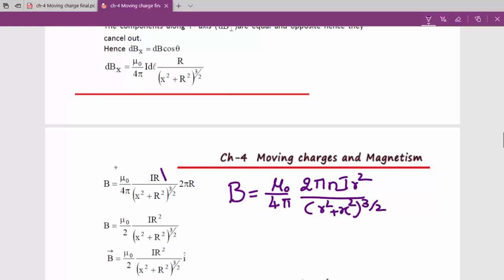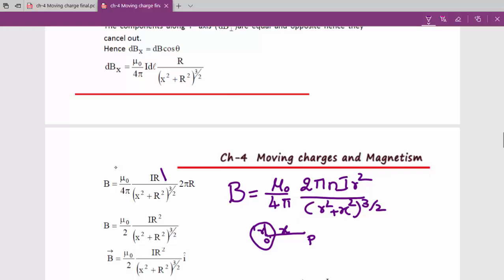So here, for the magnetic field due to a circular coil, I will draw the circular coil and its center, and this is a point P, at a distance x from the center O, the radius is r. What is the formula for the magnetic field at a point due to a circular coil?